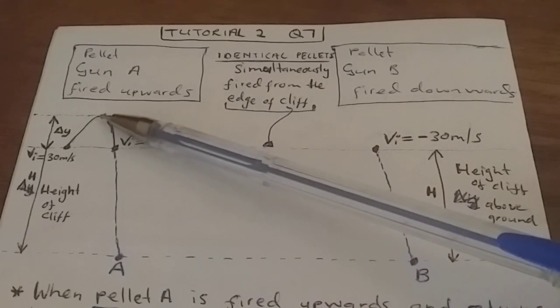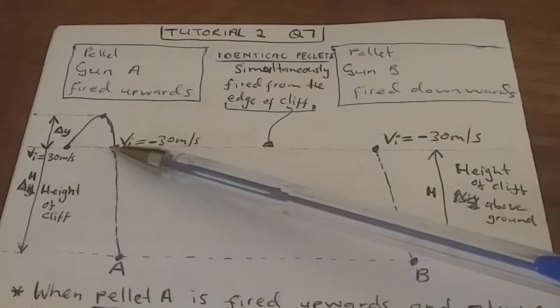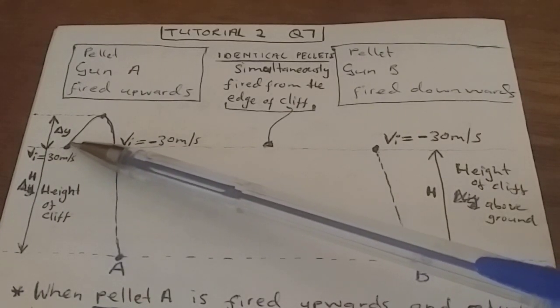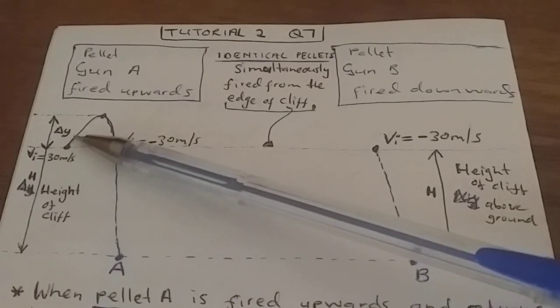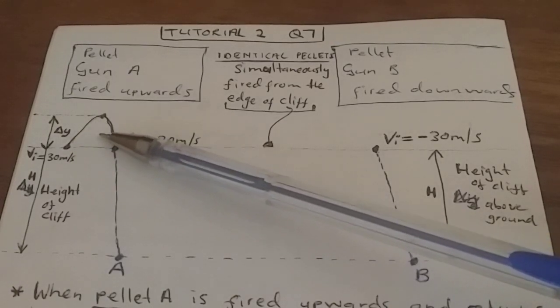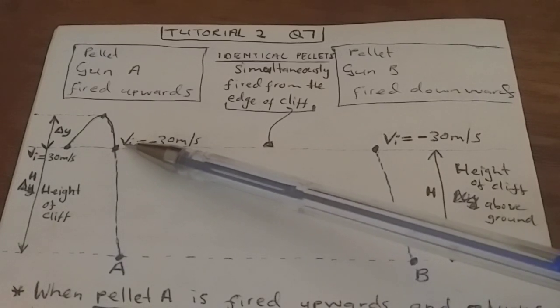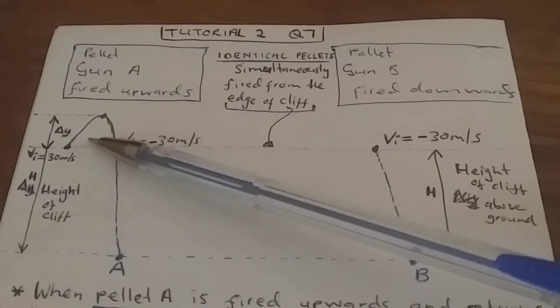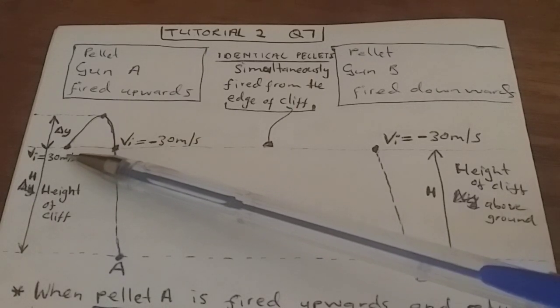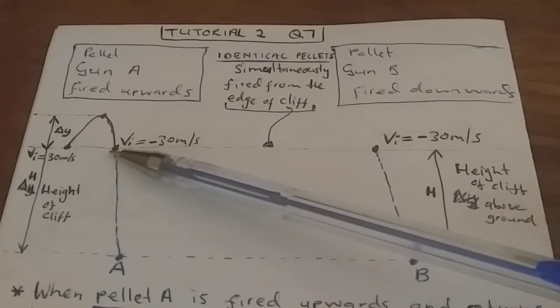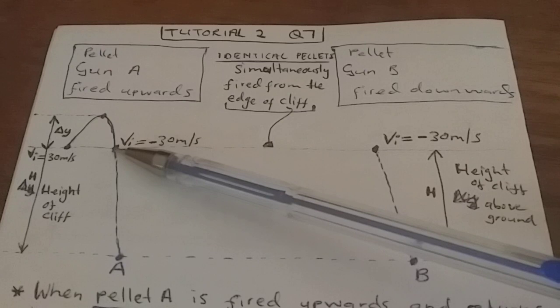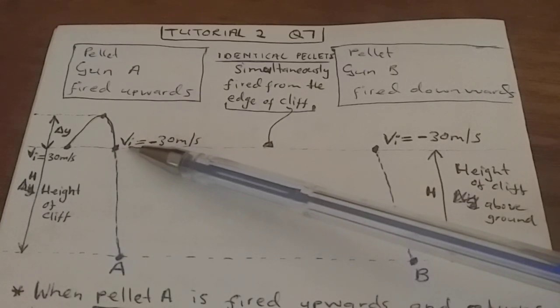It's no longer going upwards, and then the pellet goes down until it reaches the same initial point. At this point, the velocity is the same as the initial velocity, but now in the negative direction because it's going downwards.